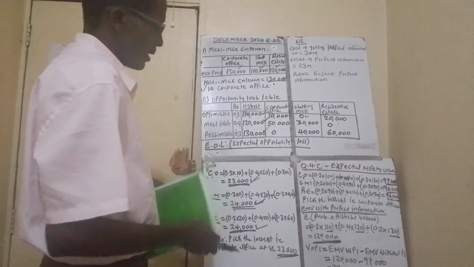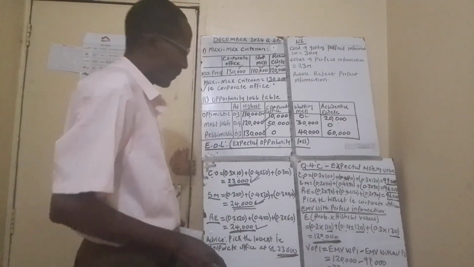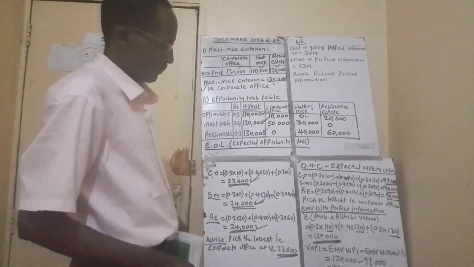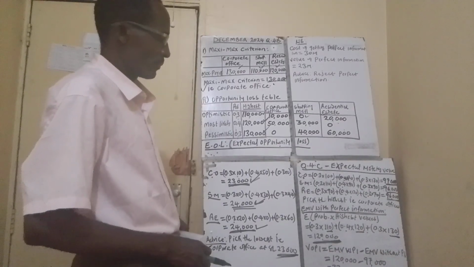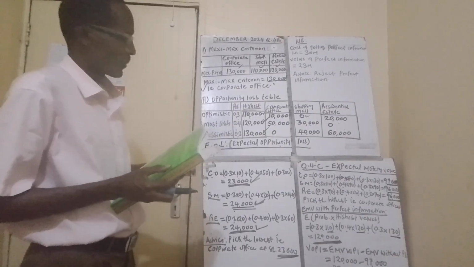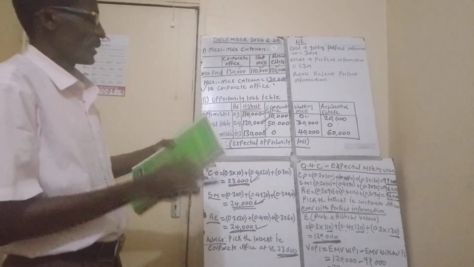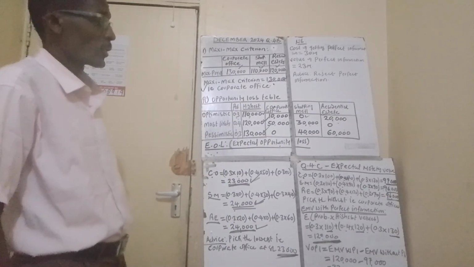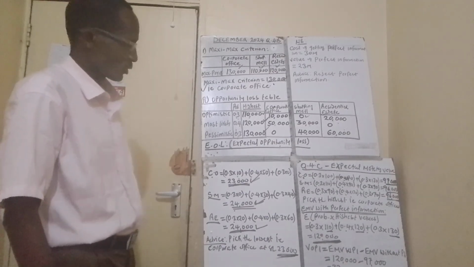Then lastly, value of perfect information is given by expected monetary value with perfect information minus expected monetary value without perfect information.